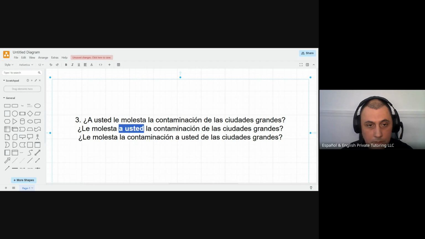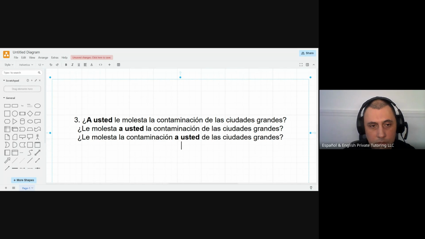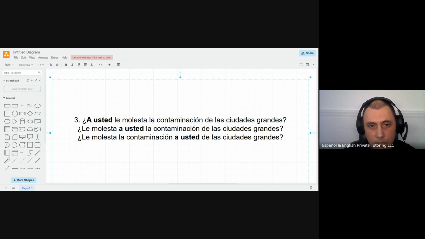Three different ways to ask the same question. This one is the most common way to do it in conversation and in a professional frame. Le molesta la contaminación a usted de las ciudades grandes.